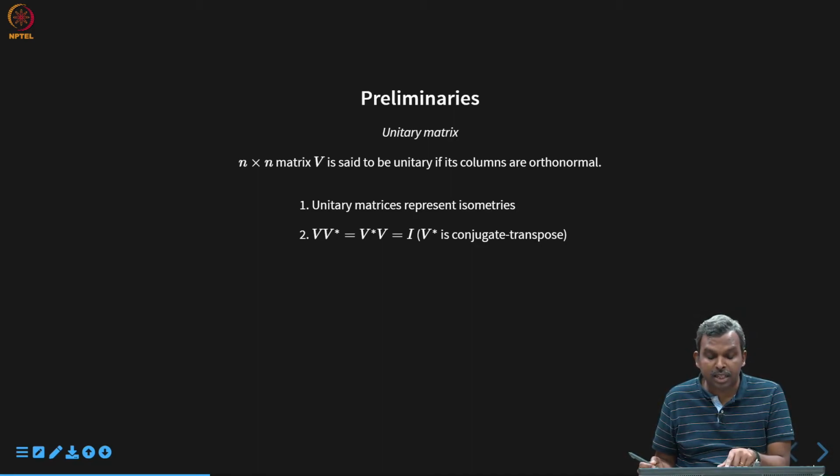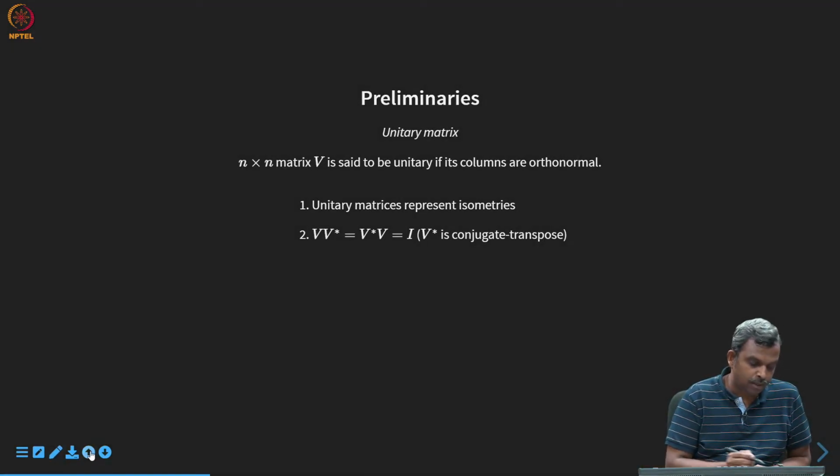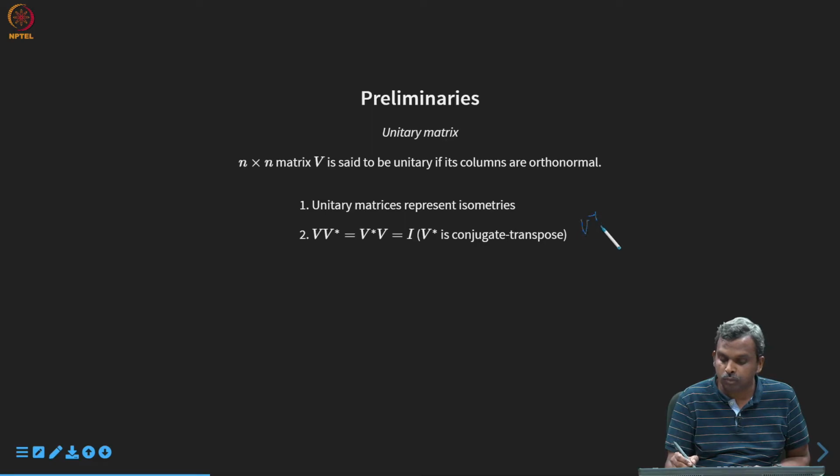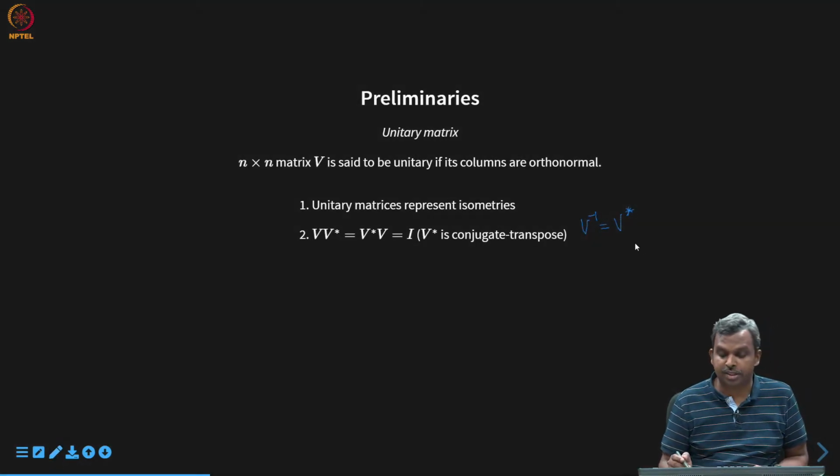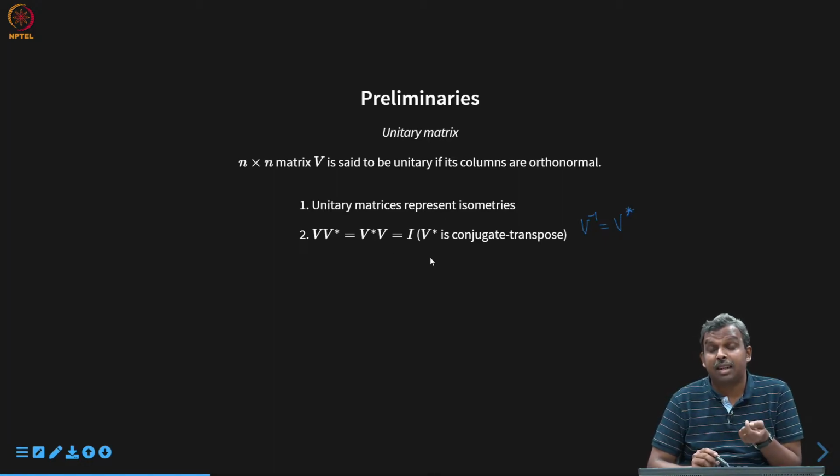From here you also see that V star is V inverse. So inverse is the same as conjugate transpose, and the product is the identity. This is a unitary matrix, and unitary matrices represent isometries.